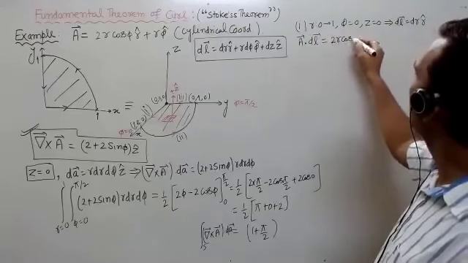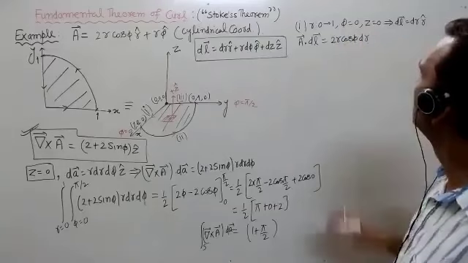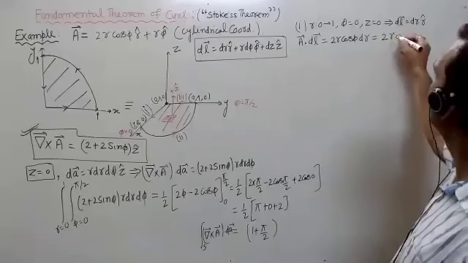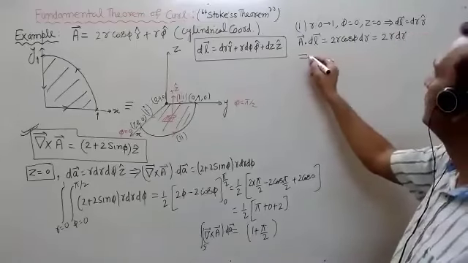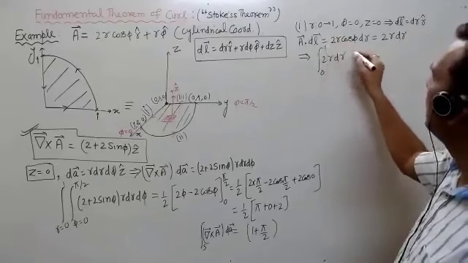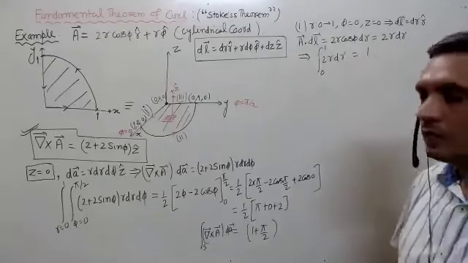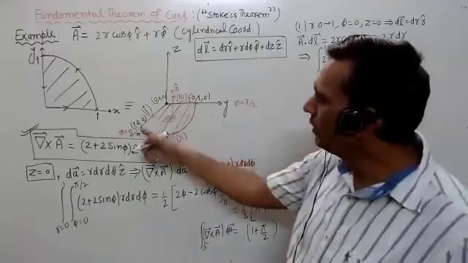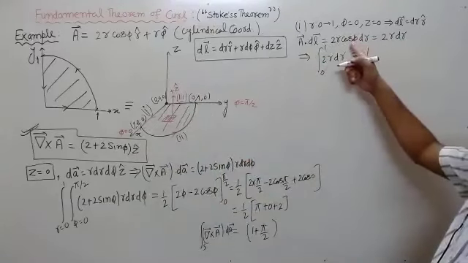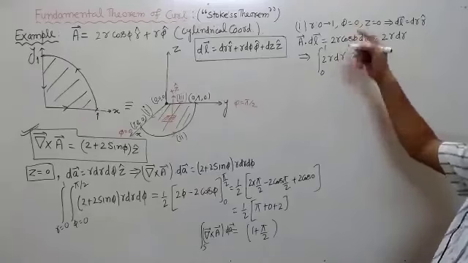Twice r cos phi dr. Phi is 0, so twice r dr. The integral of twice r dr from 0 to 1 is 1. So the segment 1 integral will be 1.